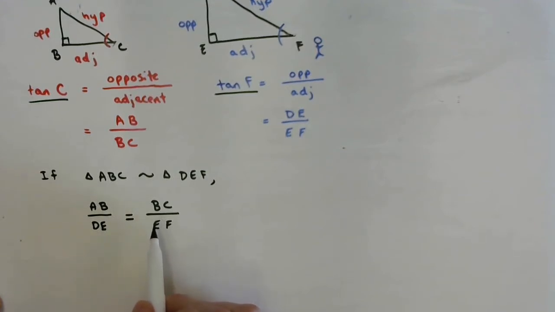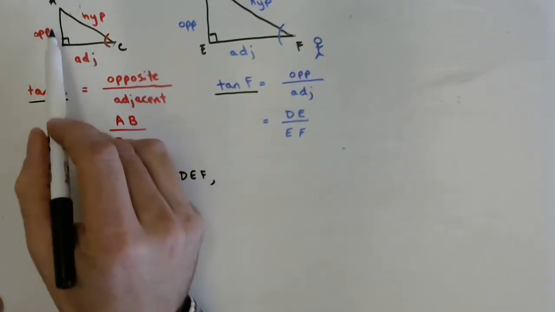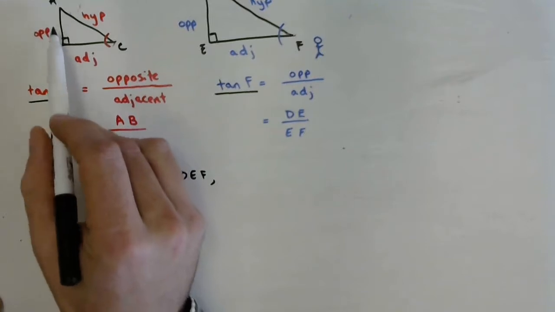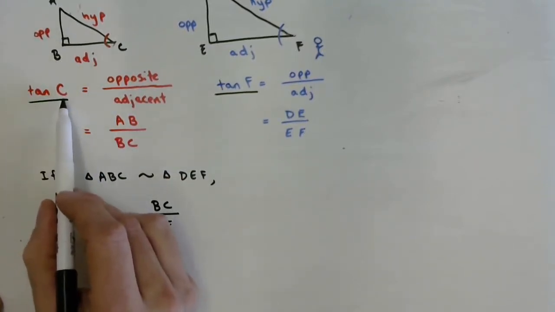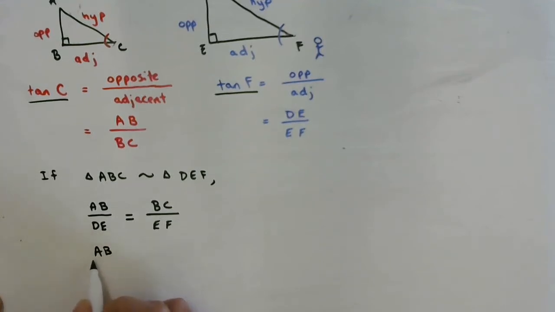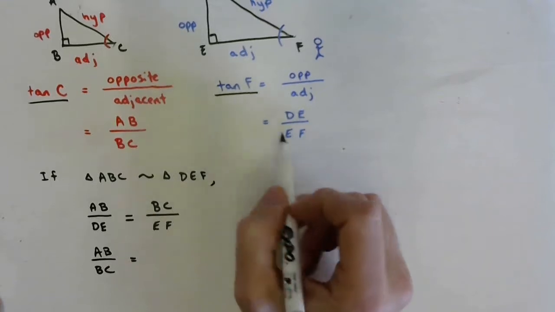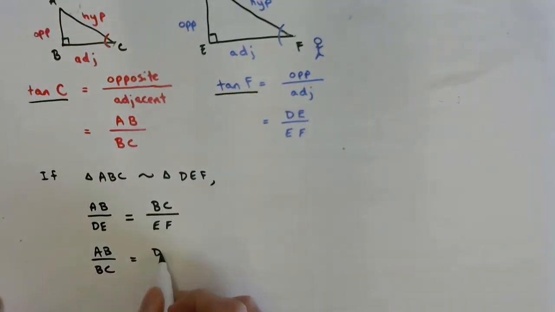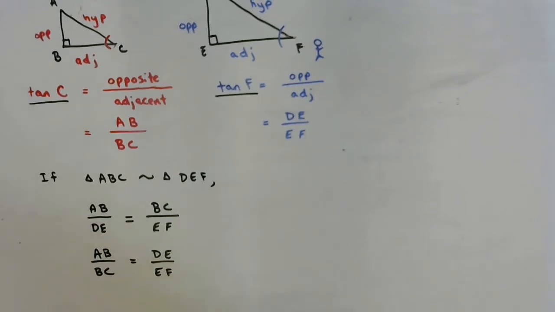Now we're going to look at the ratio created within just this smaller triangle. We said that the tangent of C is AB over BC, and we know the tangent of F is DE over EF.